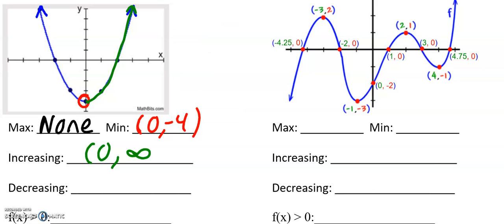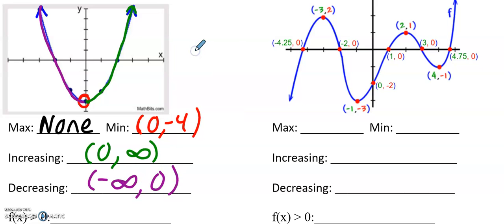I'm going to do the decreasing interval, and then I'm going to emphasize something. So hold on a sec if you're confused on that. The decreasing interval is, as I go from left to right, where's the graph going down? So that is going to be from negative infinity to 0.